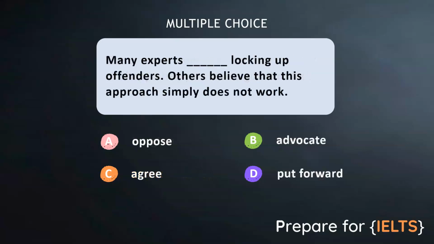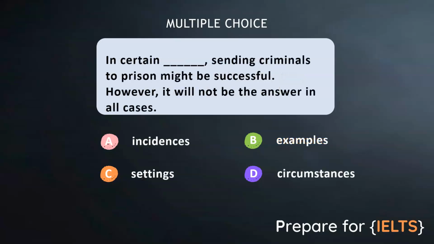And many experts, something locking up offenders. Others believe that this approach simply does not work. So we need a word here meaning that they think it is a good idea, and it is advocate. And as we mentioned, advocate is followed by an ing form, locking up. New question.